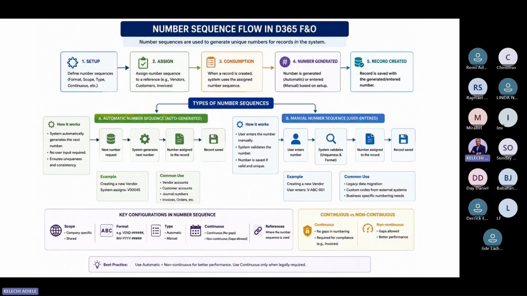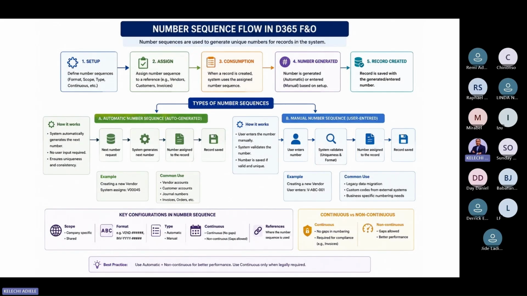And of course, we have seen the key configuration for number sequence. One is, we have to determine if it's company specific or a shared number sequence. I talked about those two when we talked about the concept of data. We're also going to see that with number sequences, we have continuous and non-continuous numbers. For continuous numbers, there are no gaps, which is required for compliance, so that if you're raising invoices, they follow that sequence.